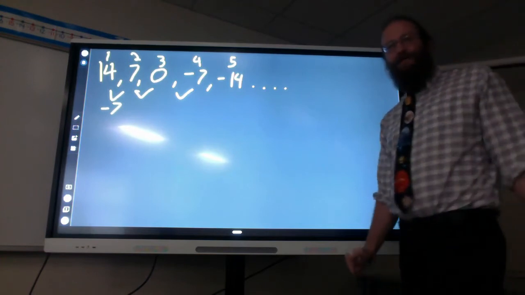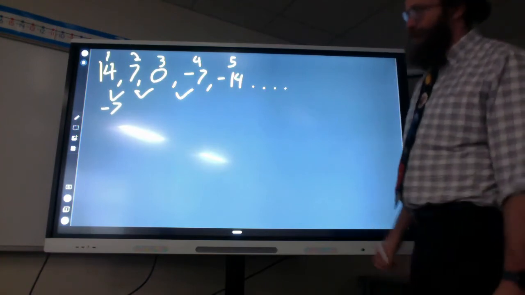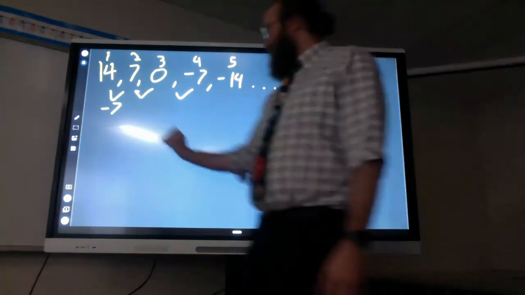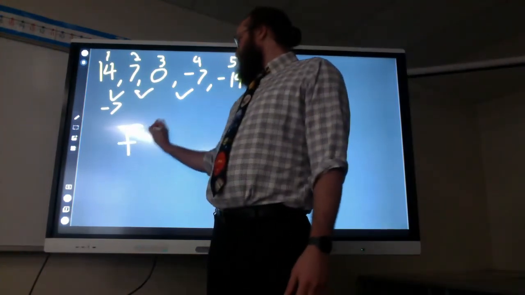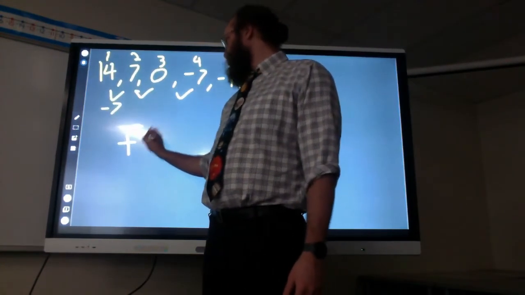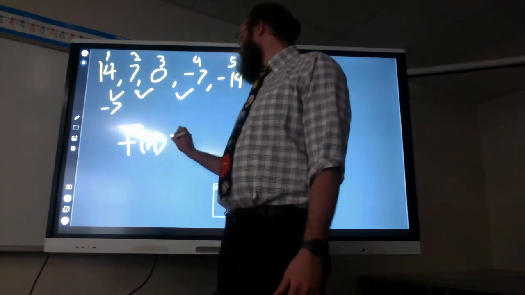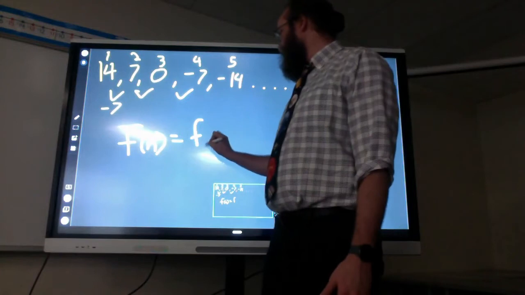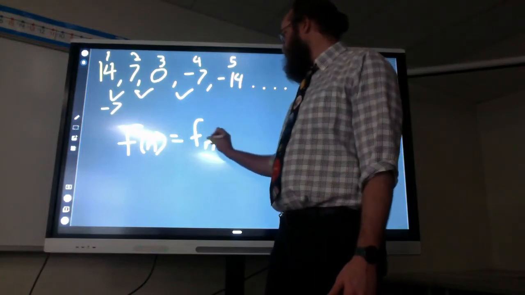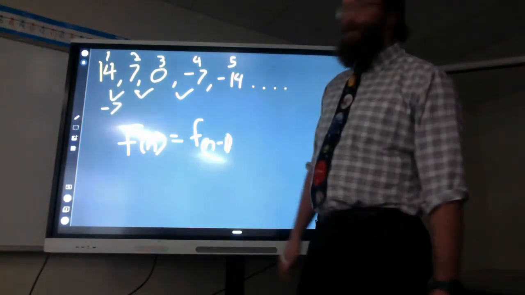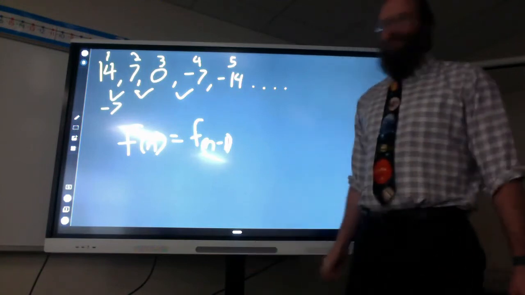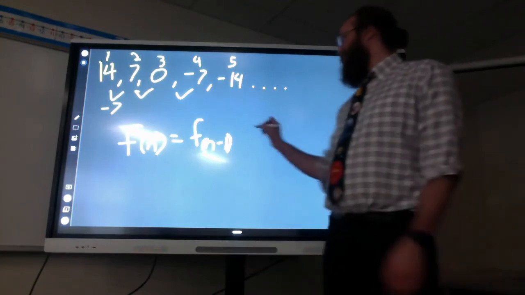Now that I have those two things done, I'm going to go ahead and write my recursive equation. They always look the same. F of n equals f of the previous step, and we write that as n minus 1, referring to the step before. And then all we have to do is add or subtract our common difference.